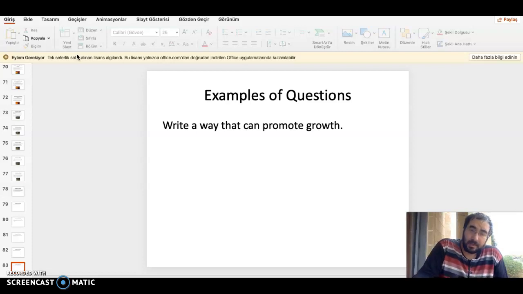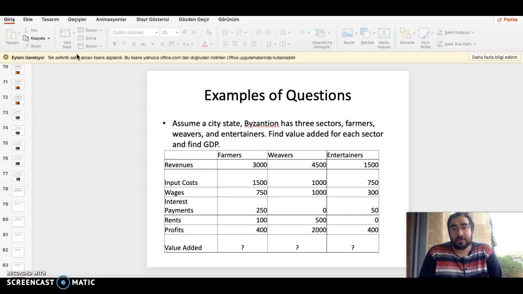So, let's go further. Assume a city, Byzantium, which is Istanbul actually, the oldest name of Istanbul, has three sectors: farmers, weavers, entertainers. Find value added for each sector and find GDP. I think I should not even open the Excel sheet for this, because there are two calculations I should make.